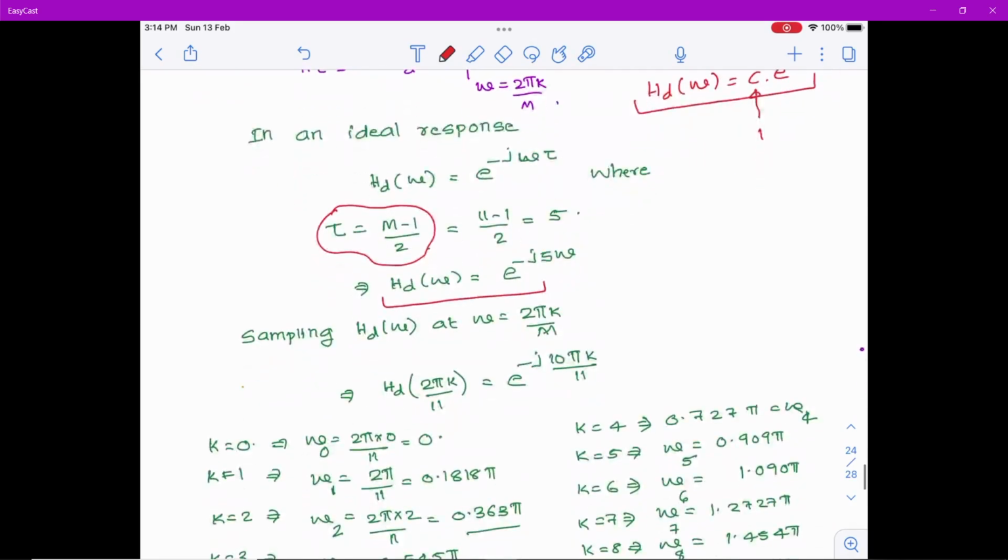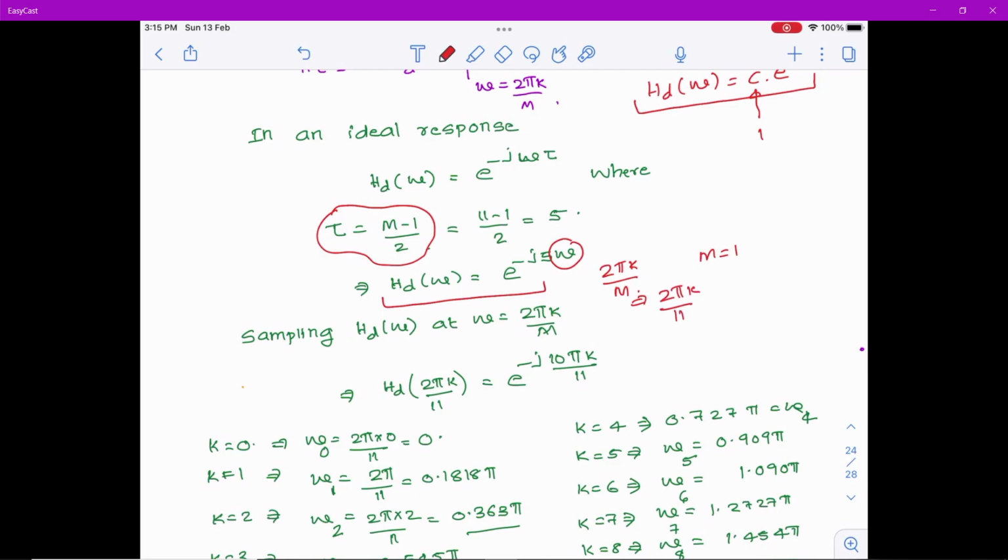Now we are going to sample this at omega equal to 2 pi k by m. So wherever you see omega in this equation, you replace it by 2 pi k by m, where m is equal to 11. So you can write 2 pi k by 11.